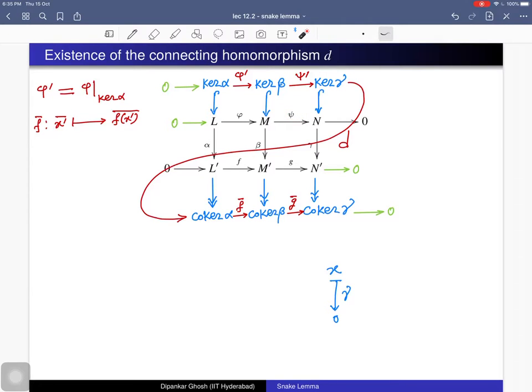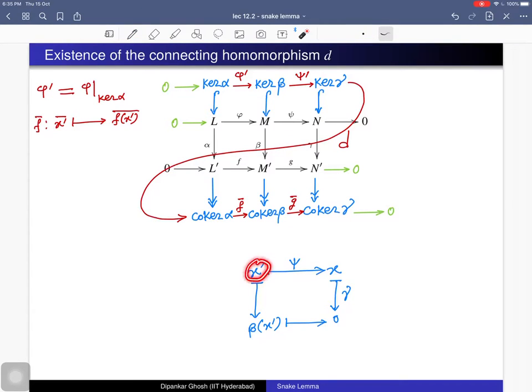Since psi is surjective, there exists some x prime in M whose image under psi is x. Then naturally we can go in this direction. If we go this way, it is just beta of x prime, and this beta of x prime should go to 0, because this diagram is commutative, that is the given hypothesis.